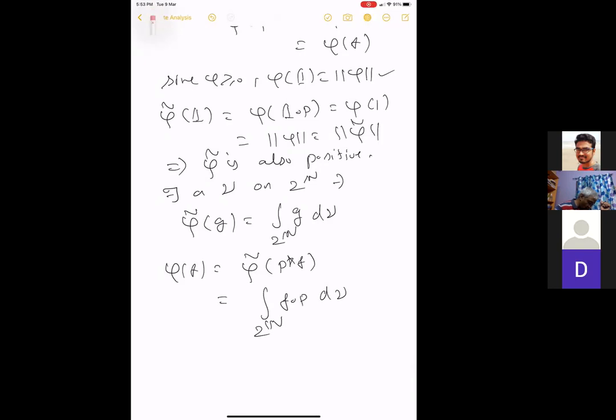Now you define a new measure. Here I will make a slight digression. Take mu equal to mu_p.